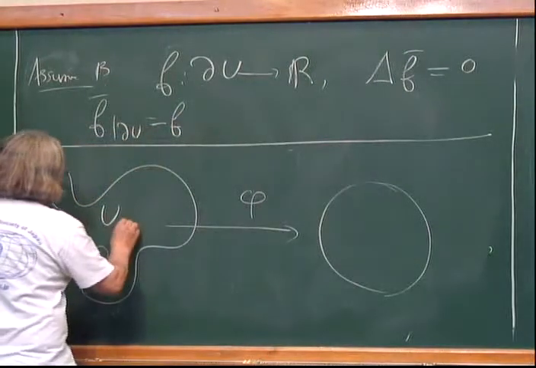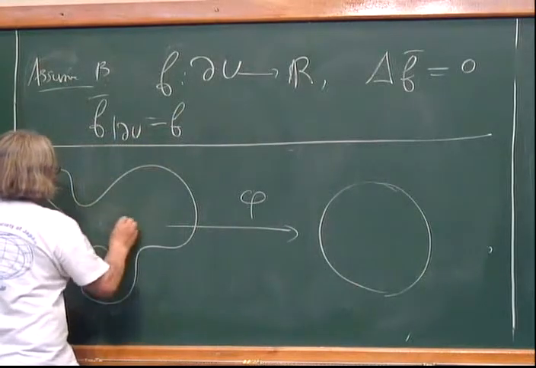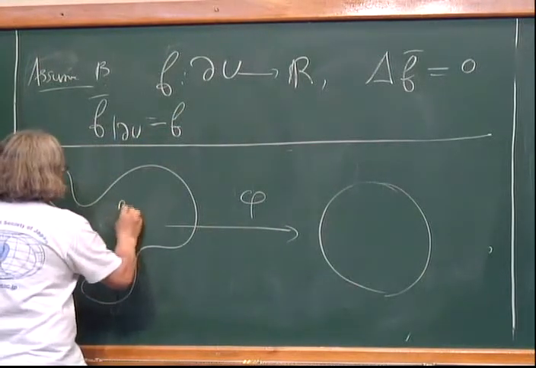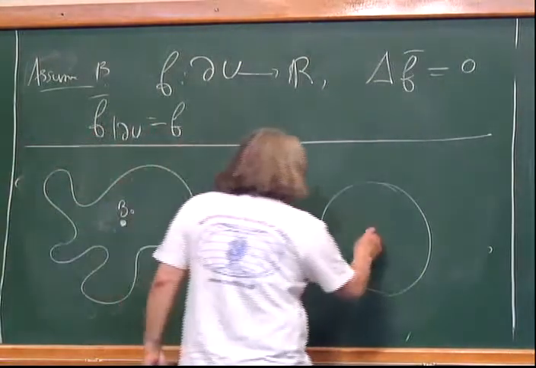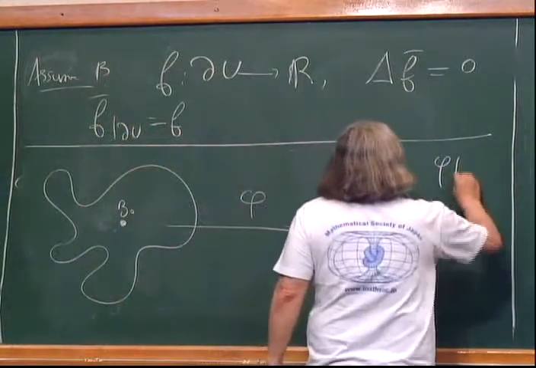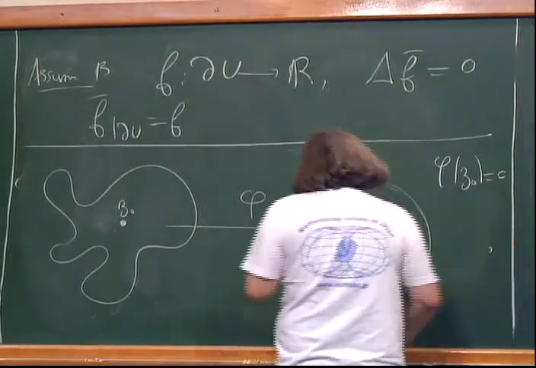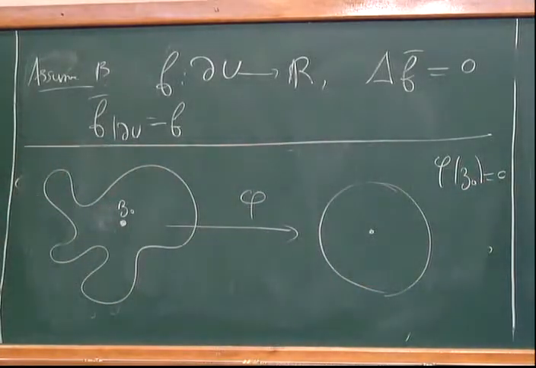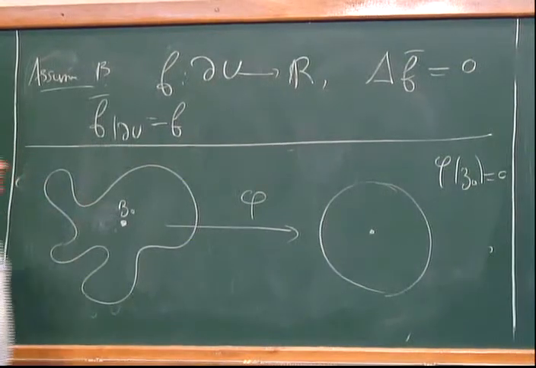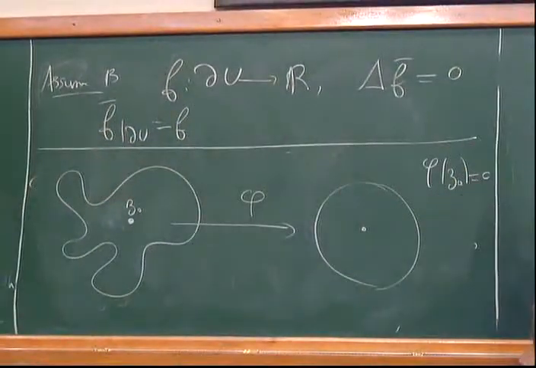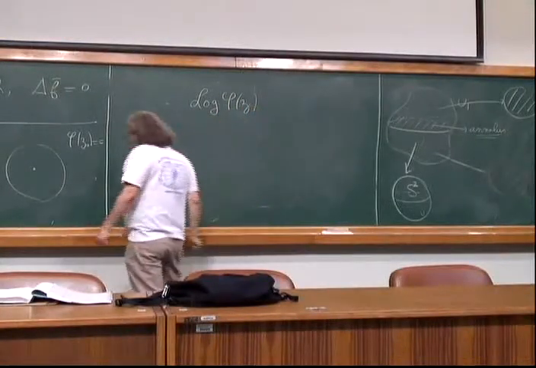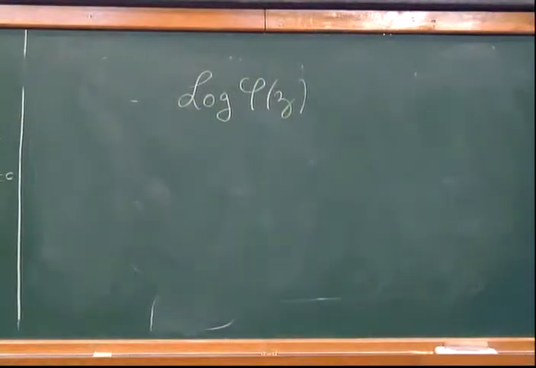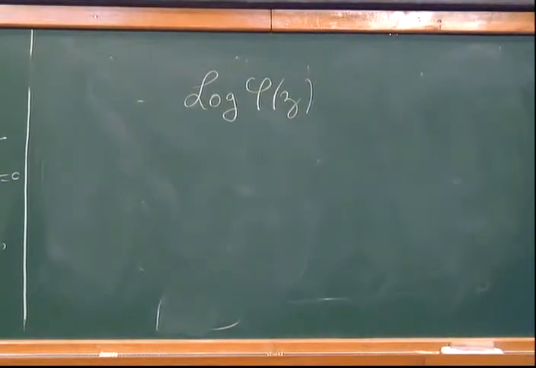Suppose you take, let's say, a point z0 inside. I want to map it to the disk. Say I want that phi of z0 is the origin. Then the idea is that instead of looking for this holomorphic function phi, we look for the log of phi of z. Of course, as you know, the log of a complex number is not well defined.